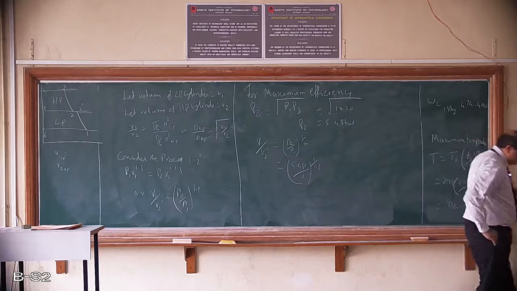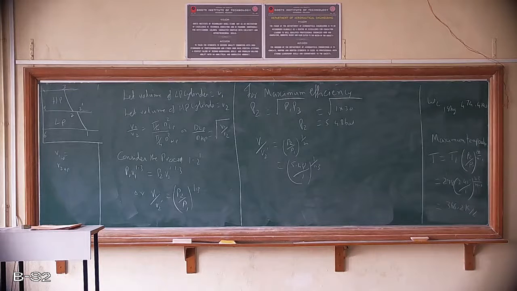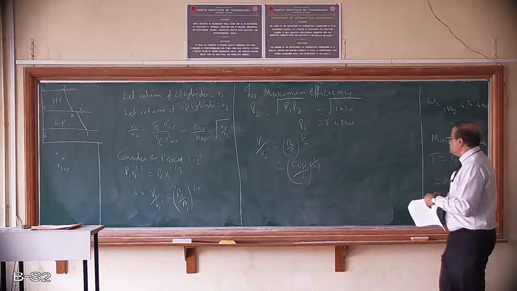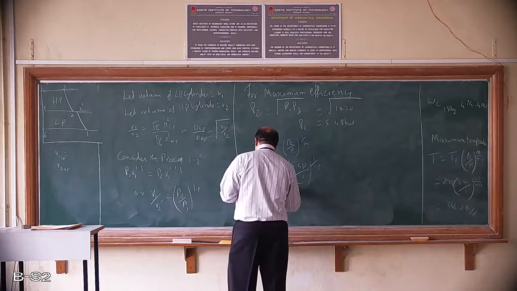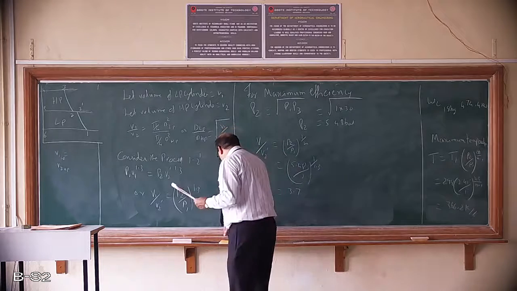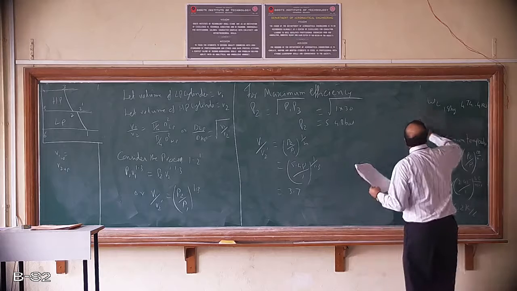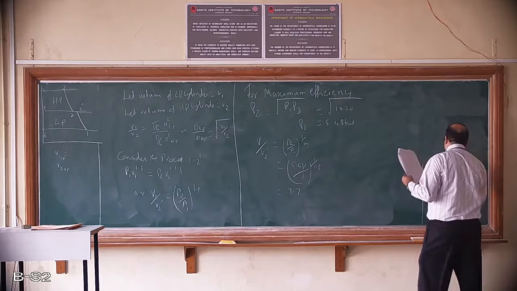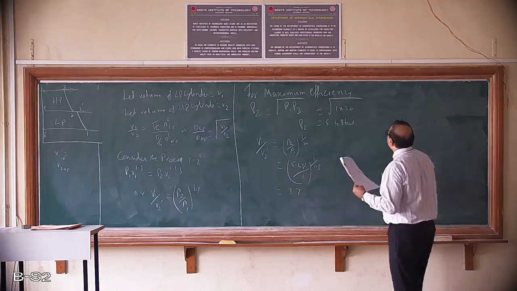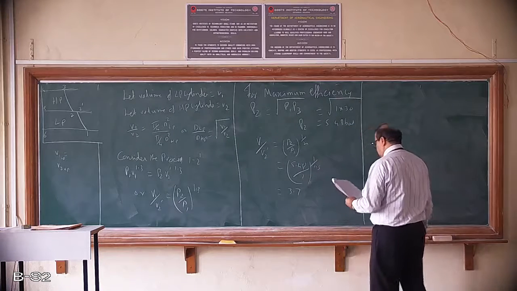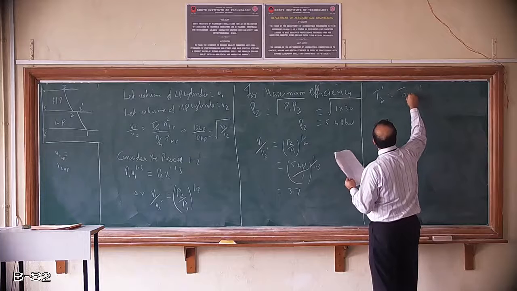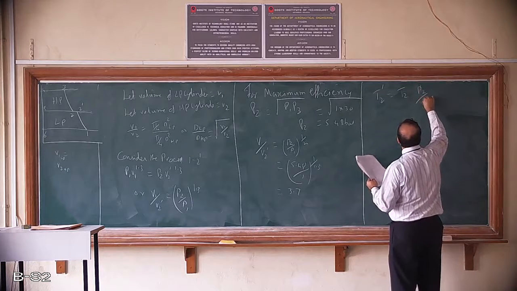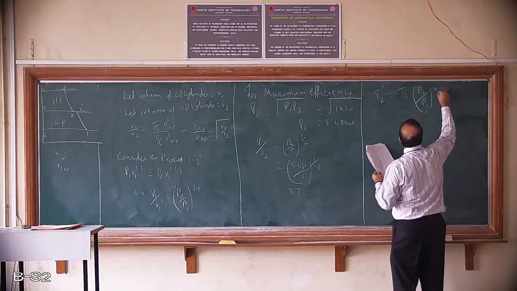Just a minute. So this comes to 3.7. Now T2 dash is equal to T2 into P2 by P1 to the power of n minus 1 by n.